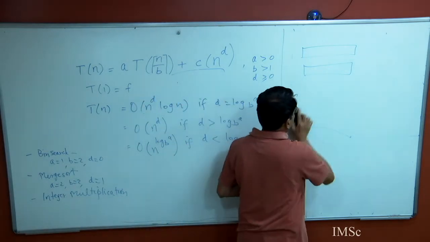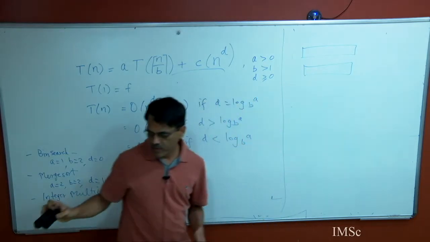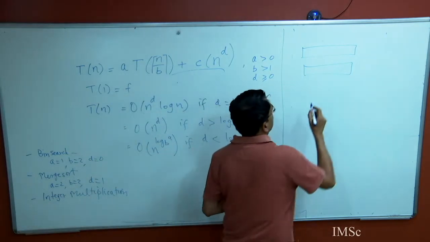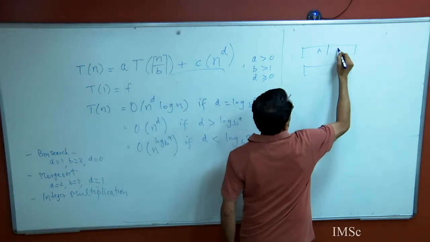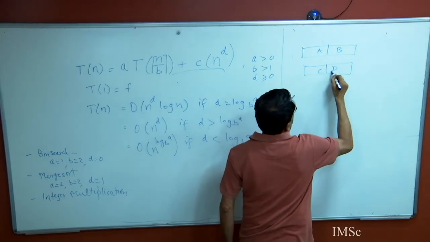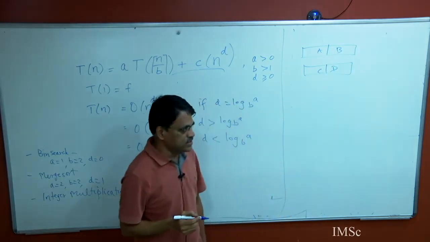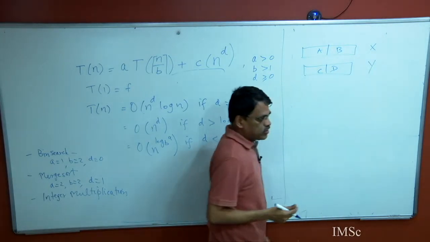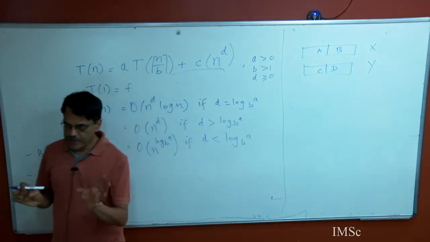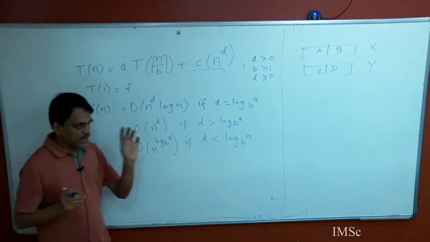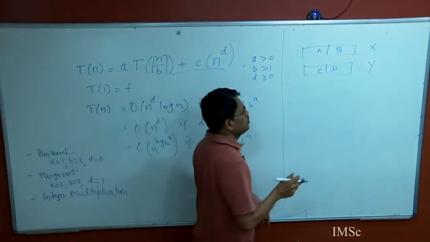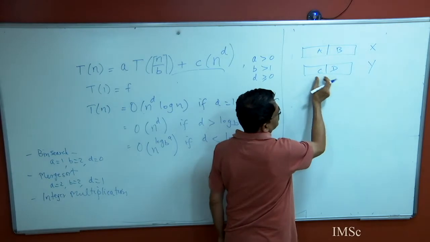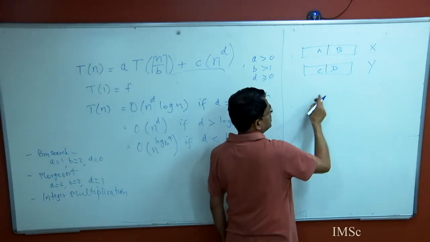So the way we saw was, we take these two integers, let's call them x and y, and divide them: take the first half of the bits and call it an integer of size n by 2. This is the second half, this is the first half of this number, this is the second half of this number.